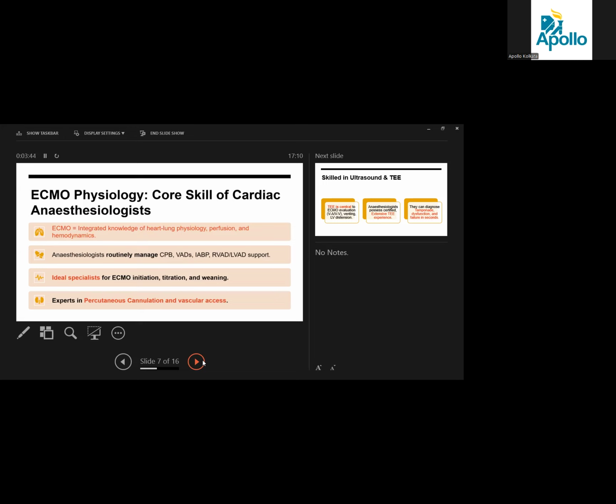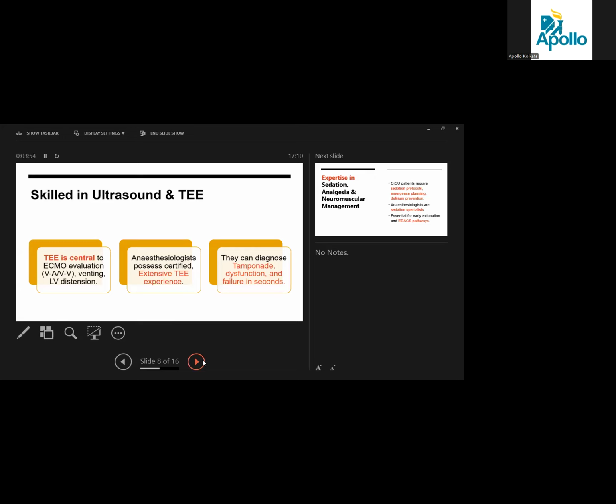Not only that, they are also expert in percutaneous cannulation and vascular access. Probably more, in my opinion, than cardiologists as well. Skilled in ultrasound and TEE, because TEE is central to the ECMO evaluation, whether VA or VV, in LV venting or LV distension. Anesthesiologists possess certified extensive TEE experience.